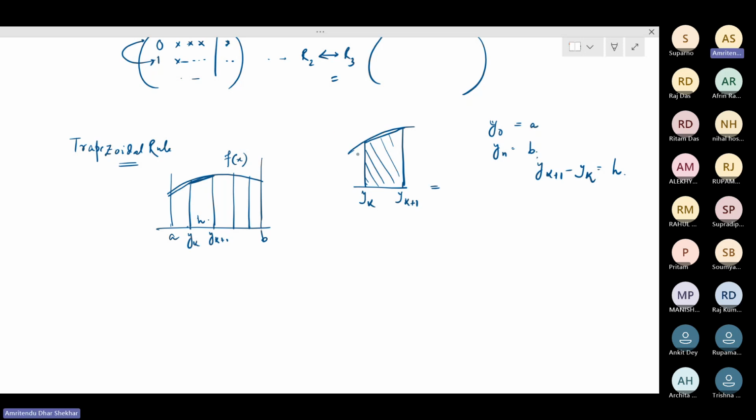And so the area of this trapezoid is equal to half times yk plus yk plus 1 times h.